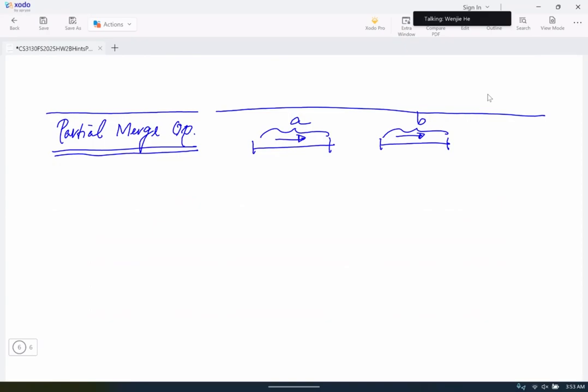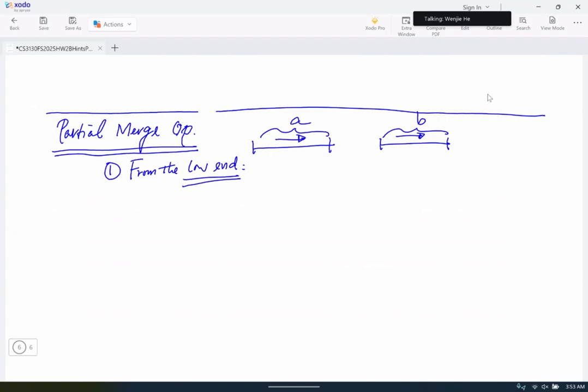Then, two ways to apply. The first way, from the low end. That's the same as our standard merge operation. Our second way is from the high end.